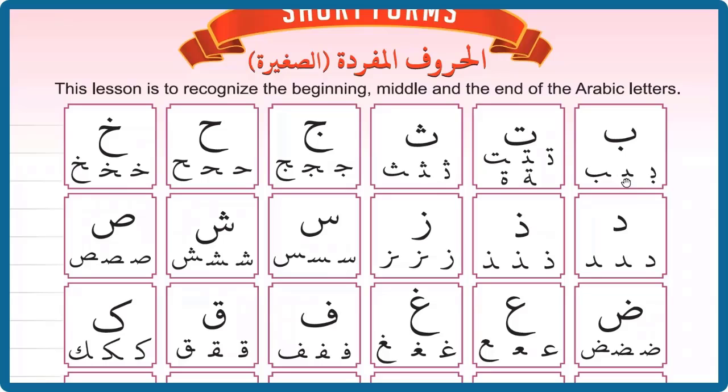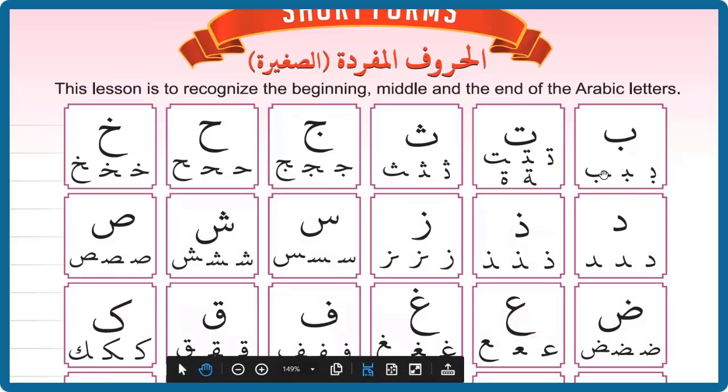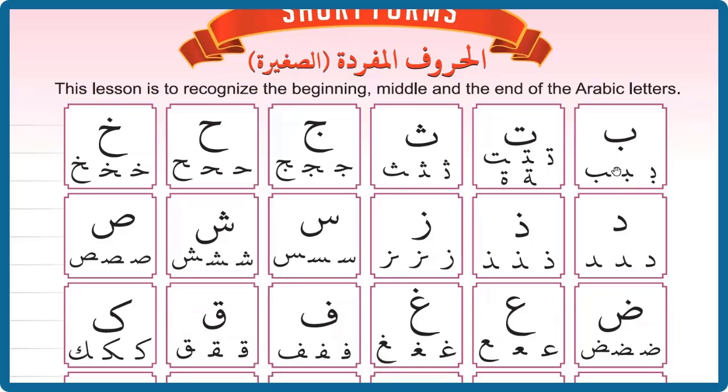Whenever it comes in between, it would be in this shape, and this is the final form, okay? The final form, or you can say that it would be at the end of the word. So you can see that it would appear in this shape, okay? So this is letter Ba.